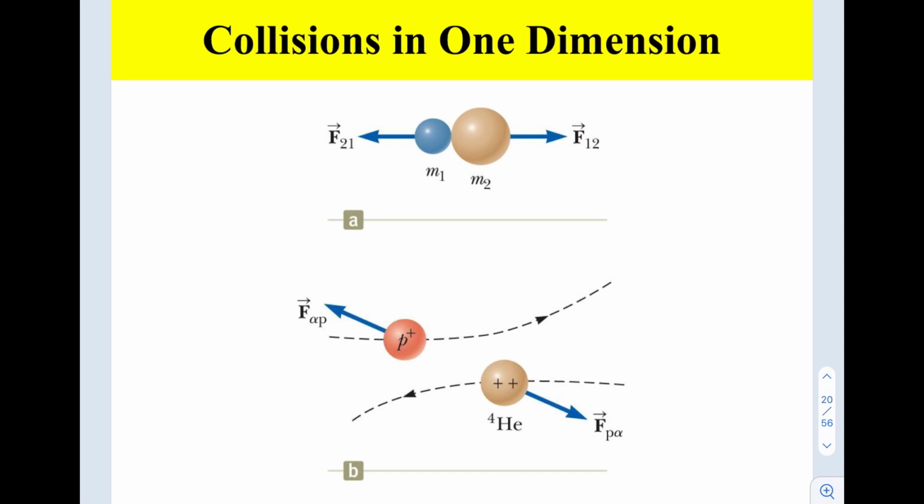Alright, so now collision in one dimension. If we refer to this diagram, we have two kinds of collisions. The first is due to direct contact between two objects, by means of the forces involved here.